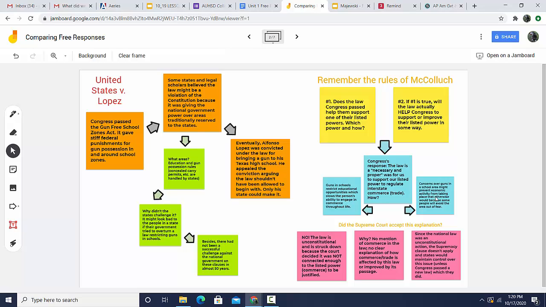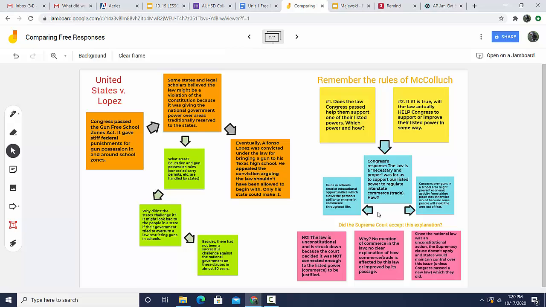And then our second reason is, well, if people know that there are guns in school zones in a particular area, they'd be less willing to go to that area to do shopping or other things because they might feel less safe. And so they'll avoid the area out of fear. And that would obviously potentially reduce trade or economic activity or commerce in the area. And so that was the reasons that the national government gave, right?